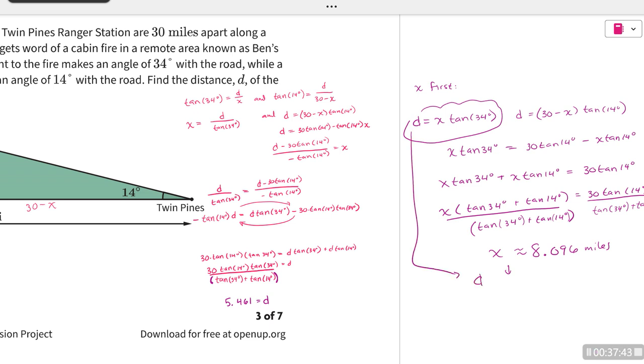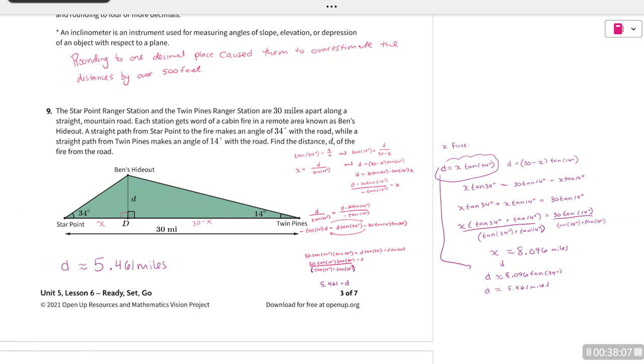So d equals 8.096 tan of 34, and that will give us d equals about 5.461 miles again. So whichever method speaks to you more, you certainly don't need to do it twice. I just wanted to show both methods.